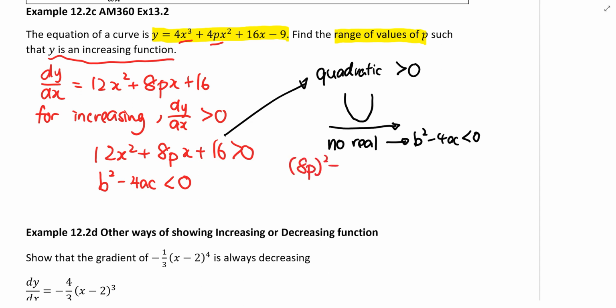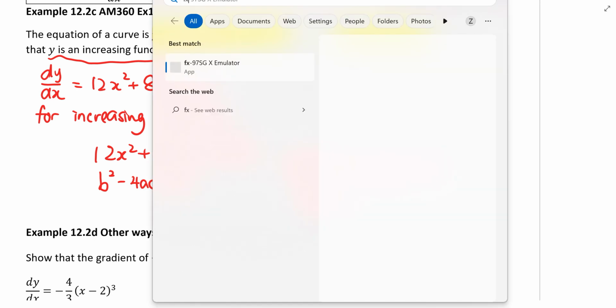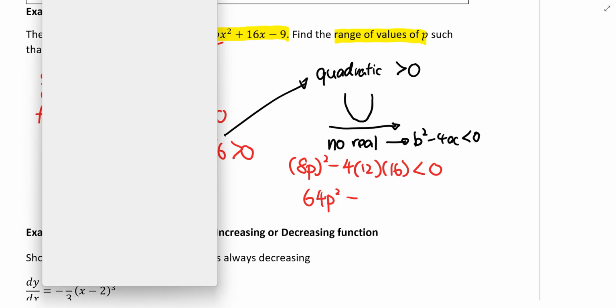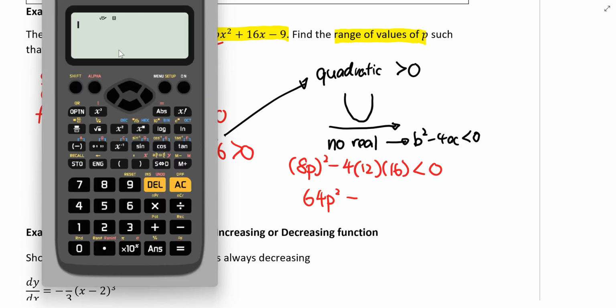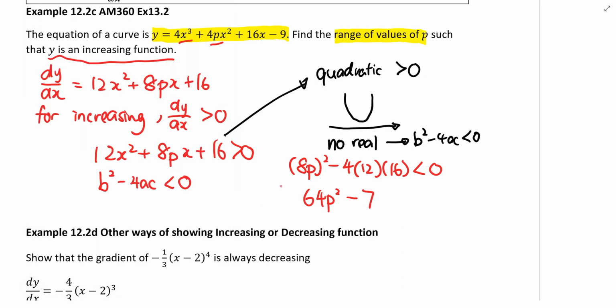8p squared minus 4 times 12 times 16 is less than 0. 64p squared minus, you take out your calculator, 4 times 12 times 16, and that is equal to 768, is less than 0.